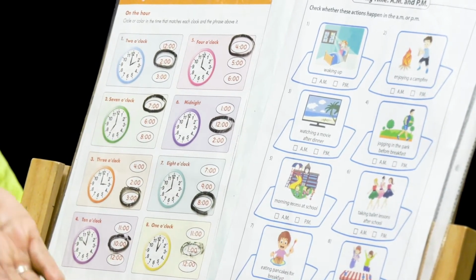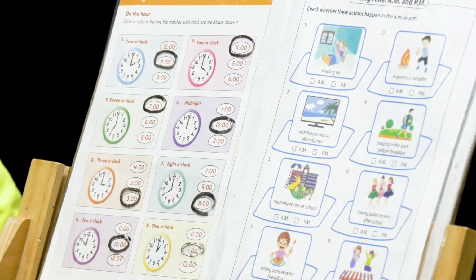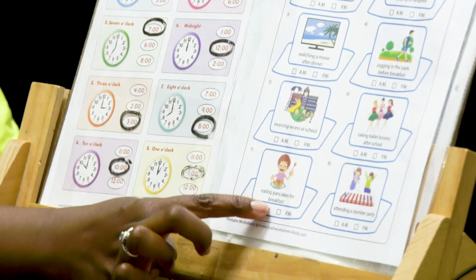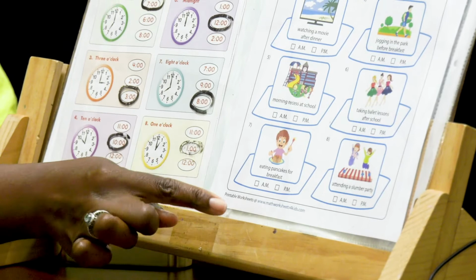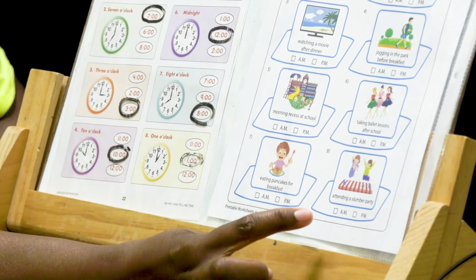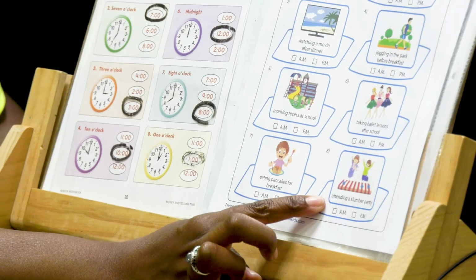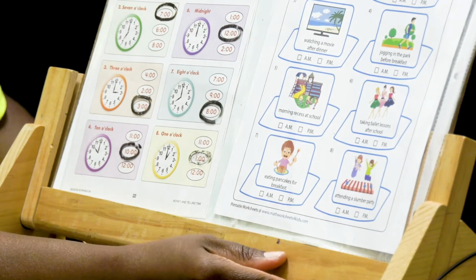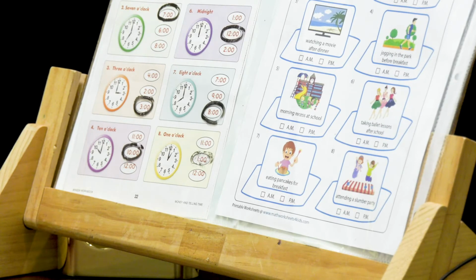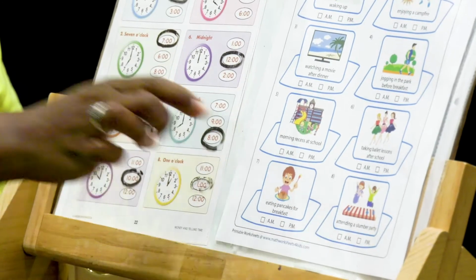And if it's after school, it would really be in the PM. Here you see someone eating pancakes for breakfast. That's the key word, breakfast. Breakfast is usually done in the morning, in the AM. The last one says attending a slumber party. Most times when you go to someone's slumber party, you do that in the PM. So you would check off the PM.